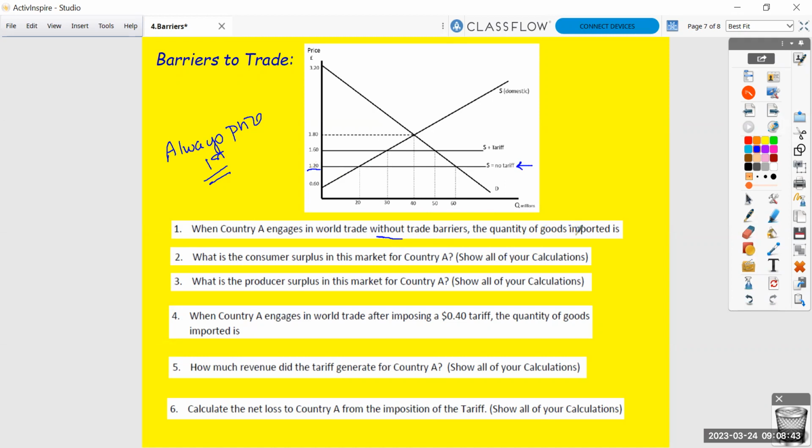To find the amount imported, we go to the domestic supply, and then find the domestic demand at that price. My domestic supply is right here, and at that price the domestic demand is here. So the amount imported is 60 minus 20, which gives us, don't forget, 40 million.